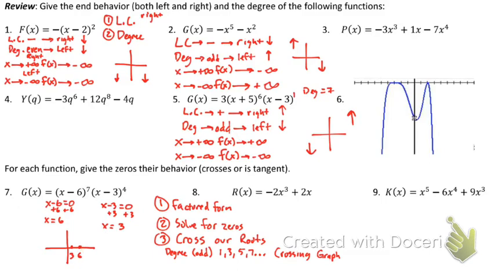As the power gets higher, and this is something we're going to talk about, it crosses slightly differently. For example, if it's a power of 1, it crosses like a straight line. It slashes. A power of 3 will kind of saddle.